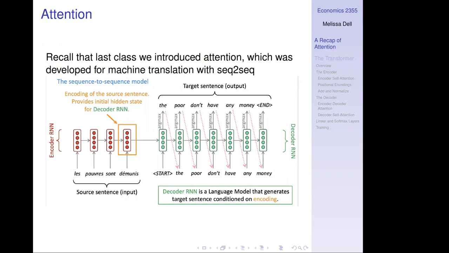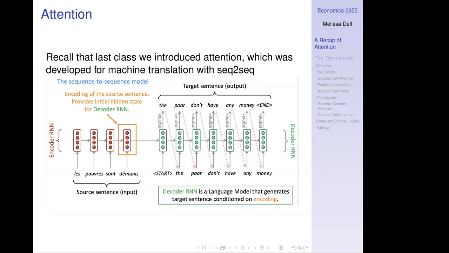So if you recall, we had this architecture shown here, which takes in a sequence and puts out a sequence of words, hence the name seq-to-seq. And the challenge of the vanilla version of that model is that the only information that it received from the encoder was the information contained in that final encoder hidden state, which got passed to the decoder.